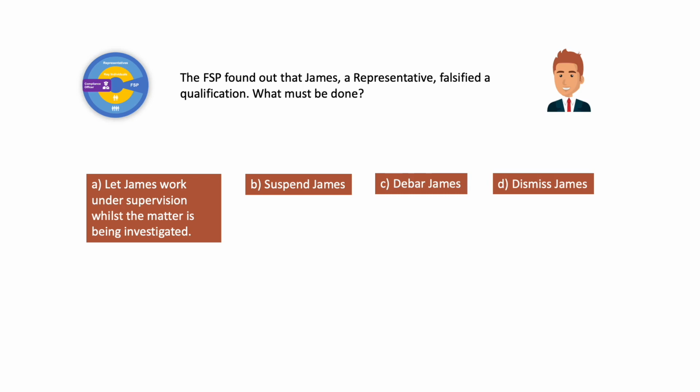Pause the video if you need to think about the answer. The correct option is C. The FSP should debar James. The debarment of James is the most important, as this is the process to ensure that James stops acting as a representative for the FSP, as he no longer meets the requirements of fit and proper.